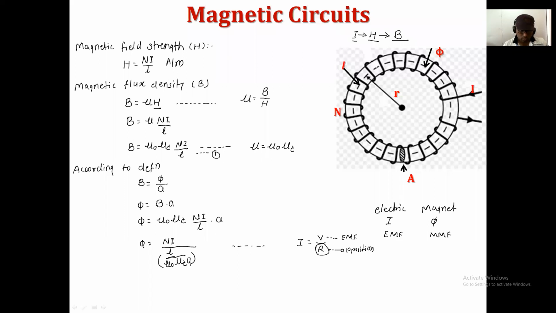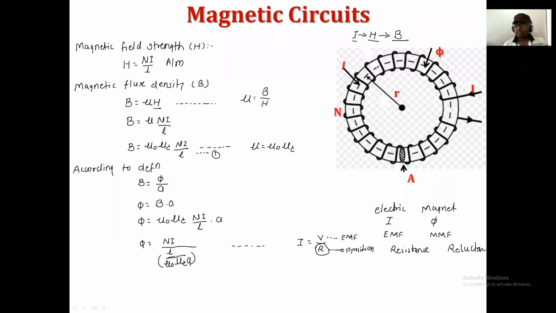Here also, the denominator L upon mu 0 mu r A is the opposition to the flow of flux, and that is called the reluctance. In terms of electric circuit, we call it resistance. In terms of magnetic circuit, we call it reluctance.